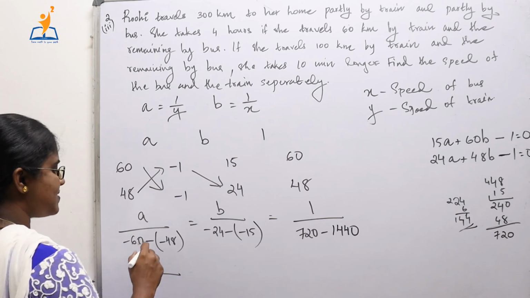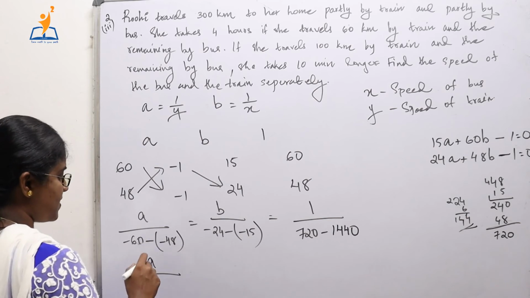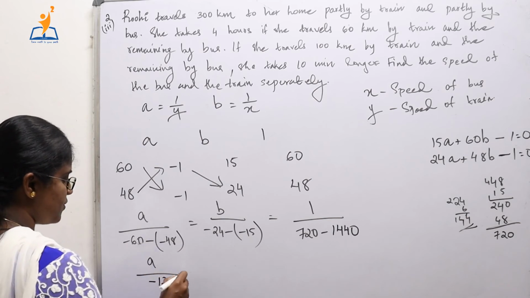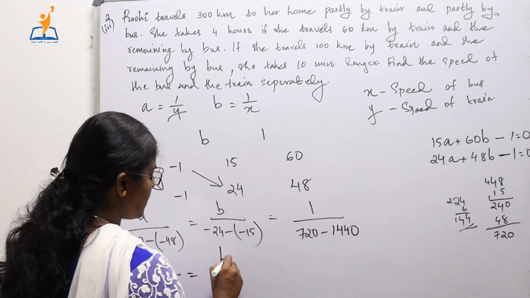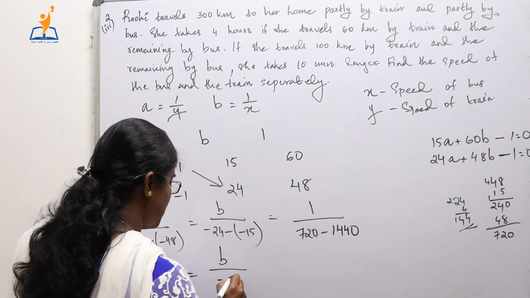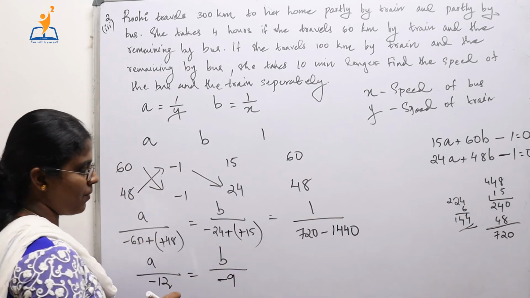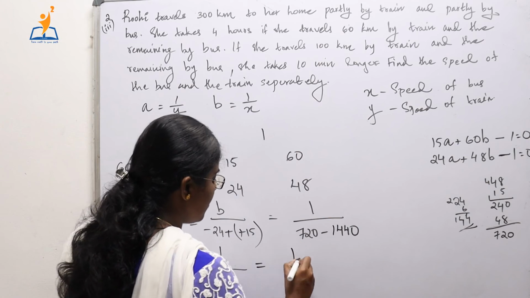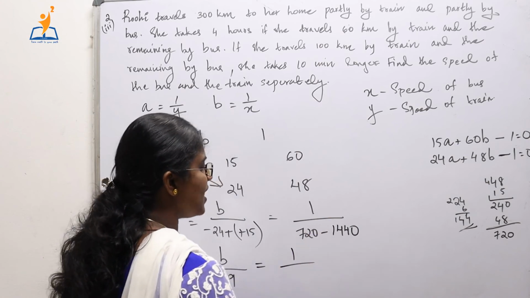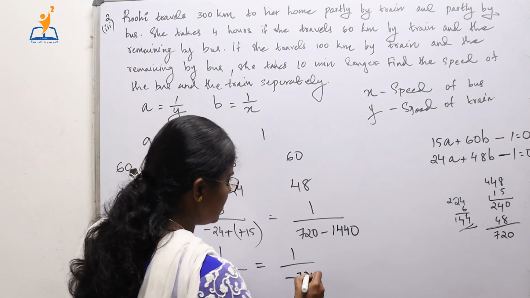Now we want to simplify this, that is a by minus 60 plus 48. What is minus 60 plus 48? We want to subtract 48 from 60 and we will get minus 12, which is equal to b by minus 24 plus 15, which is minus 9. This will become positive. Here also this becomes positive. And now here we have 1 by 720 minus 1440, which is minus 720.